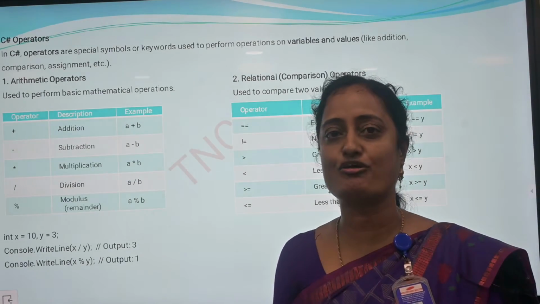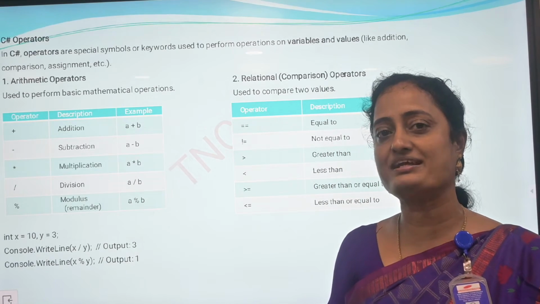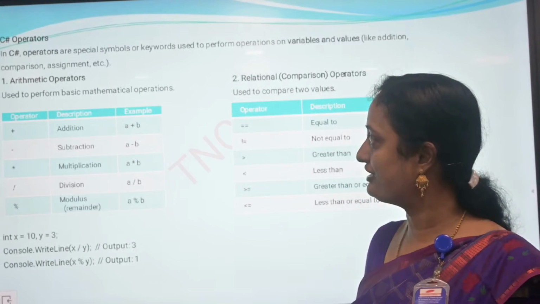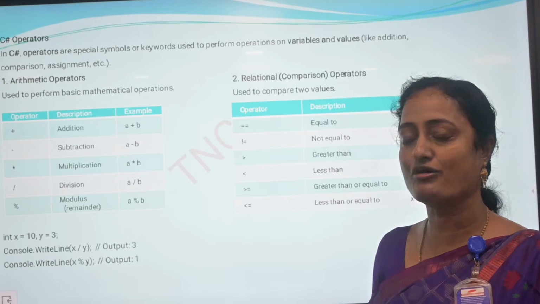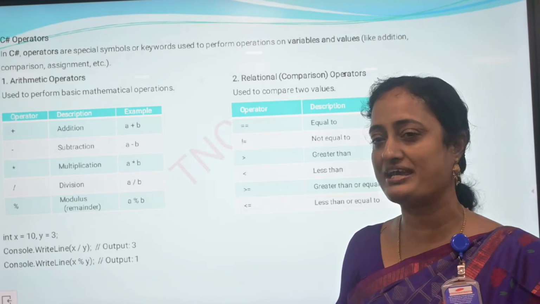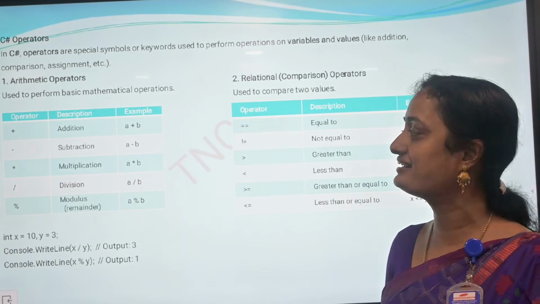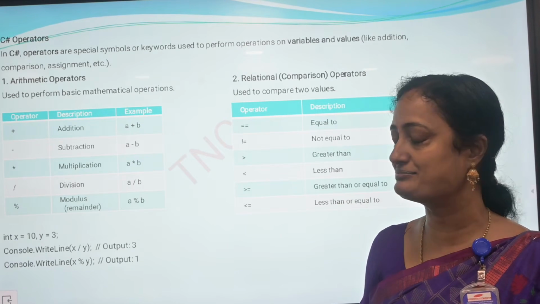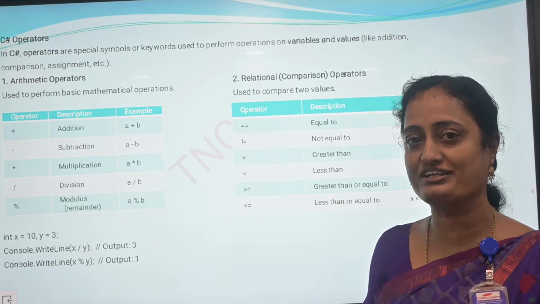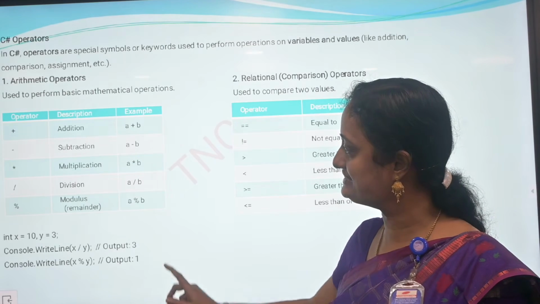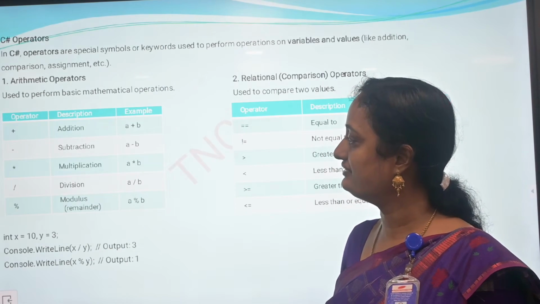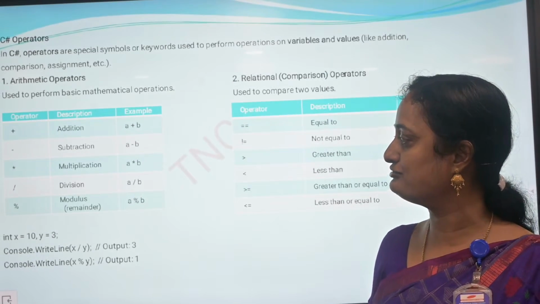Next we'll see about operators. What are the operators available in C#? Arithmetic operators are used to perform basic mathematical operations like addition, subtraction, multiplication, division and modulo division. Here is an example: suppose x value is 10 and y value is 3.